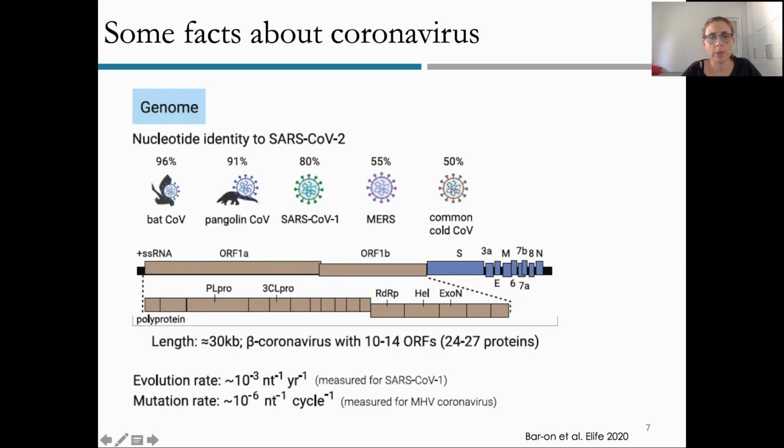And some more facts about SARS coronavirus 2. You can see the level of genome identity between different viruses. Between SARS coronavirus 2 and the common cold, there's about 50% identity, so it's relatively low. Again, it's still strong homology, but relatively low. With SARS coronavirus 1, there's already 80% homology.